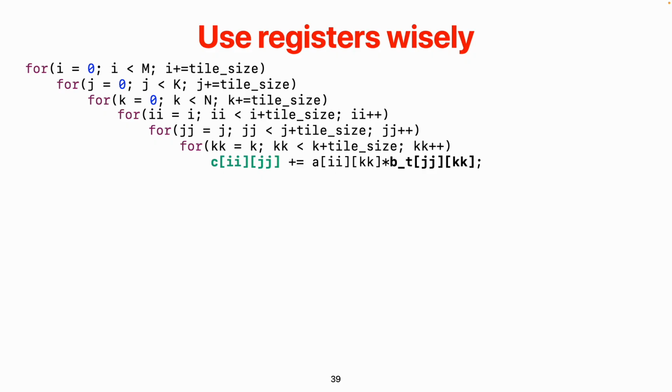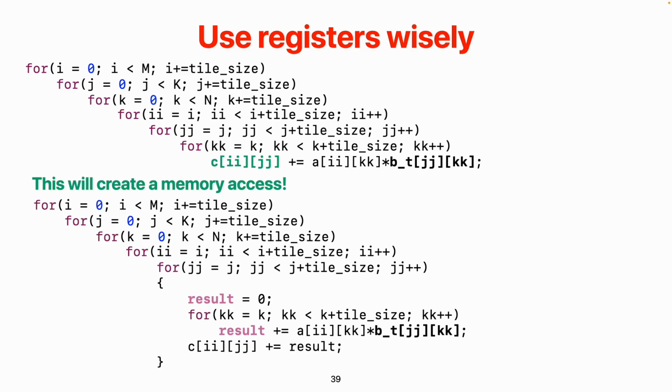Is that necessary? Every time I do this iteration, I'm doing a memory access, and this is not necessary. How to make it not necessary? You can just put it into a variable.